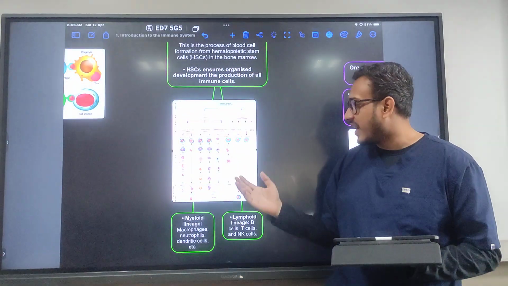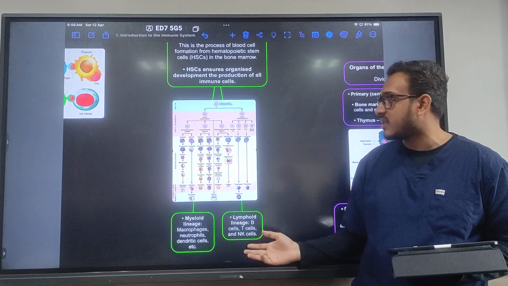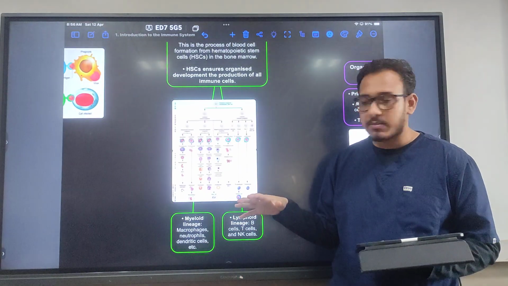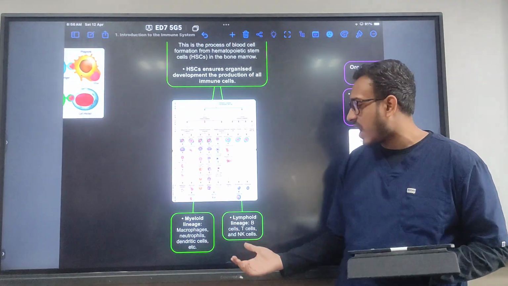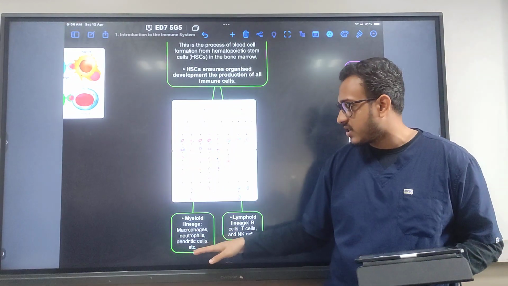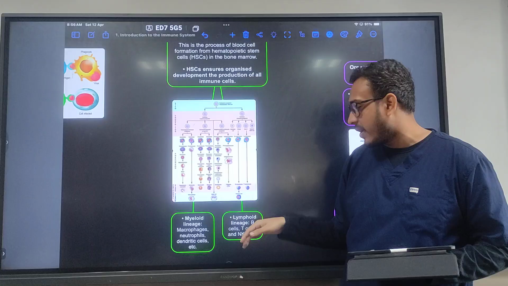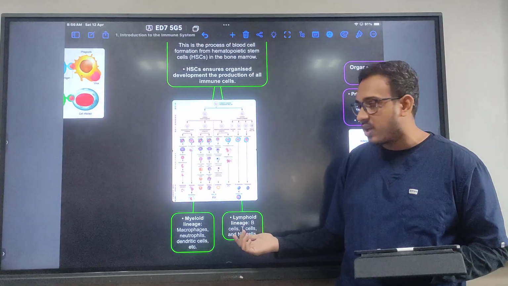They can basically be divided into two lineages, myeloid and lymphoid. After the first differentiation of hematopoietic stem cells, they form myeloid stem cells and lymphoid stem cells. Myeloid stem cells give rise to macrophages, neutrophils, dendritic cells, etc., and lymphoid lineages give rise to B cells, T cells, and natural killer cells.